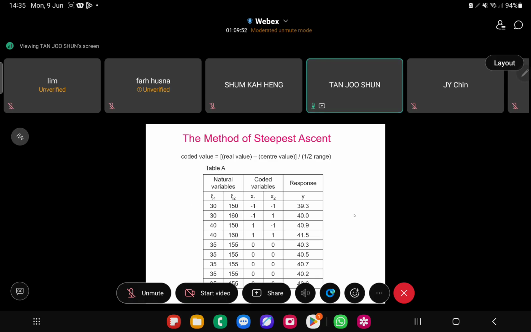For example, if I give you this kind of table, you have the actual value and the coded value. Like I mentioned just now, 30 is the low level, it will be -1. 40 is the high level, will be +1, or 1 also can. 35 is 0 because it's at the middle.